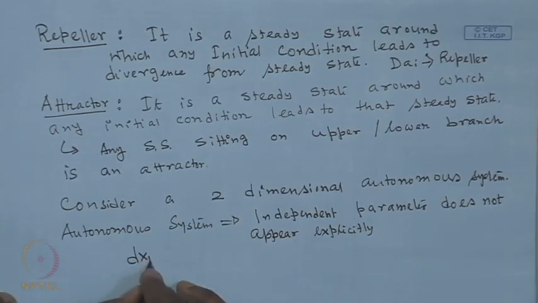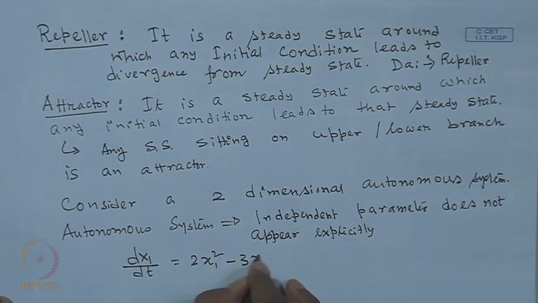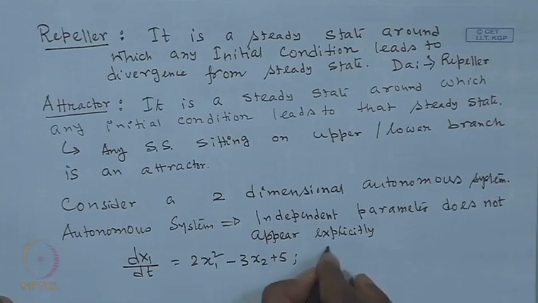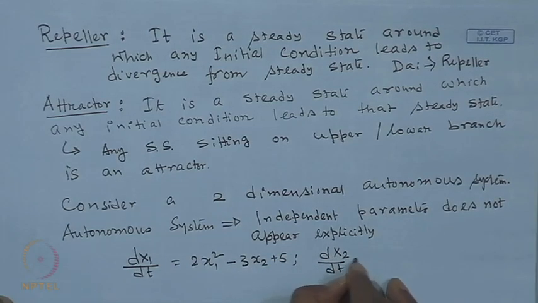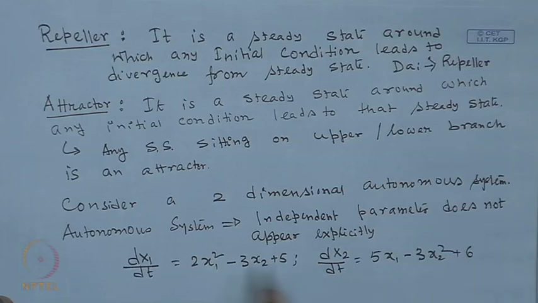For example, if the dependent variables are x1 and x2 and the independent variable is t, and dx1/dt is 2x1 square minus 3x2 plus 5, and dx2/dt is equal to 5x1 minus 3x2 square plus, let us say, 6. Now, this system is an autonomous system because the independent variable t does not appear on the right hand side in either of the equations. So, this is an autonomous system.